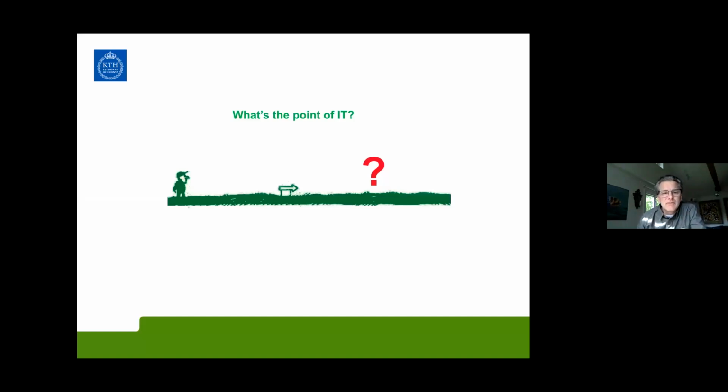I quite often get this question: what's the point of digitalization? And I like this picture because it is so great to be able to say it depends, which can make journalists crazy, because it's so boring with researchers answering it depends.